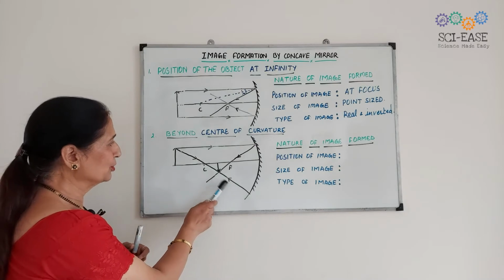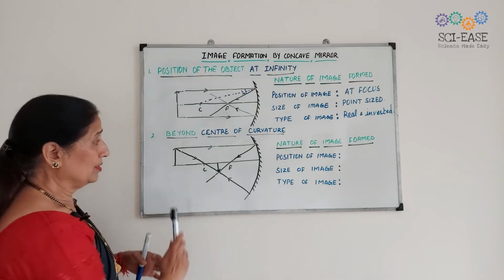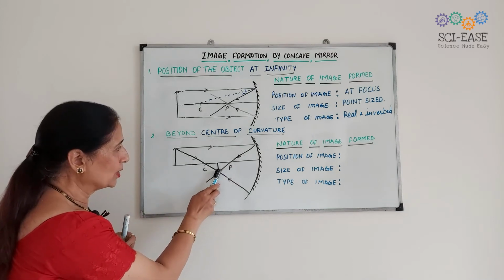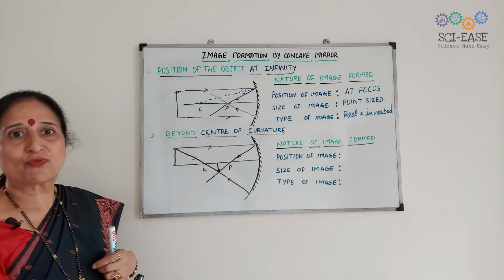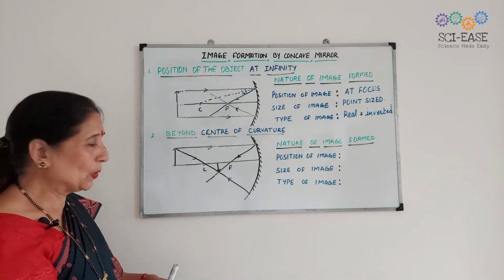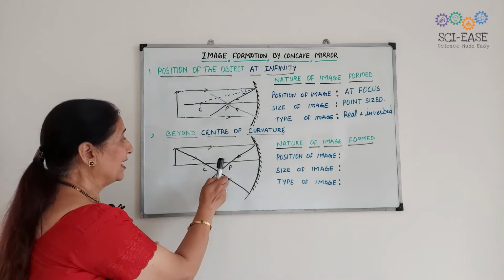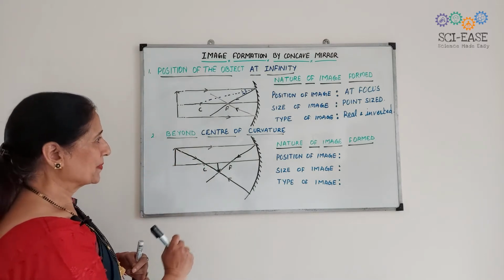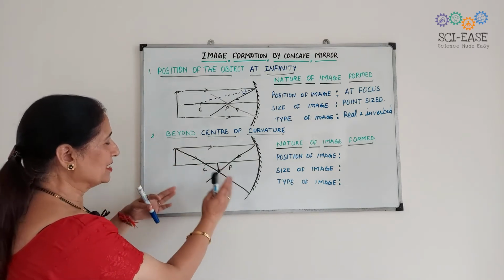This is again the rule, the third rule I think. Where these two rays cross, the image is formed. So here the image is real and inverted. It is smaller than the object. And what is the position?